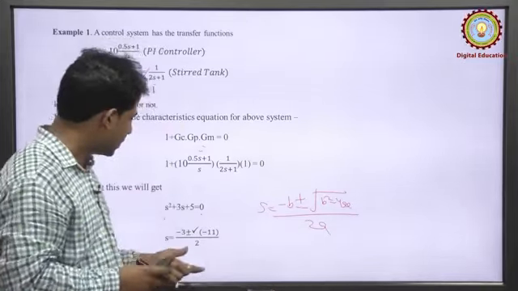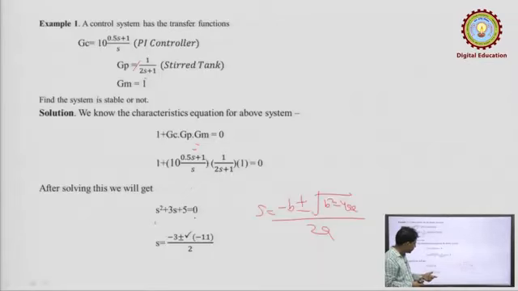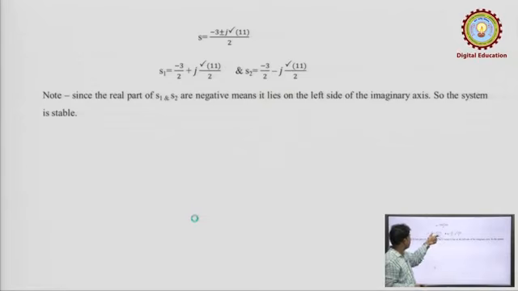So, both roots of that quadratic equation are s1 equal to minus 3 by 2 plus j root 11 by 2 and s2 equal to minus 3 by 2 minus j root 11 by 2.